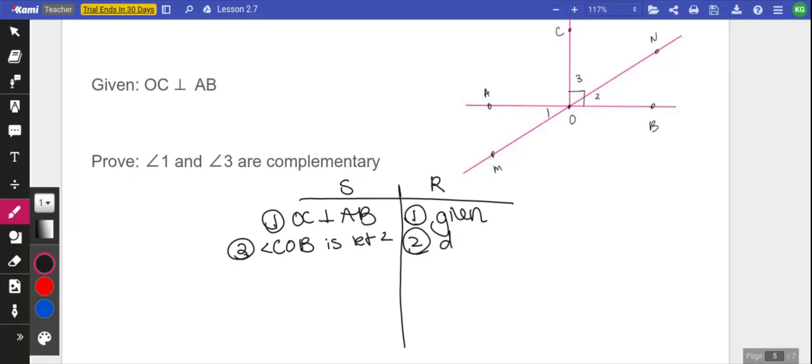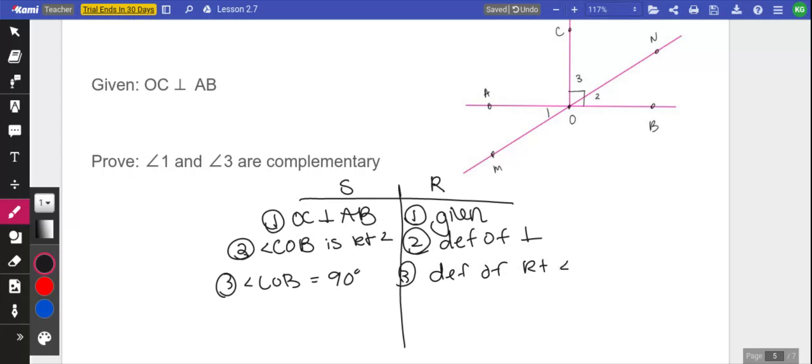That is the definition of perpendicular. Now, what does it mean to be a right angle? Well, that means that COB must equal 90 degrees. Definition of right angle.